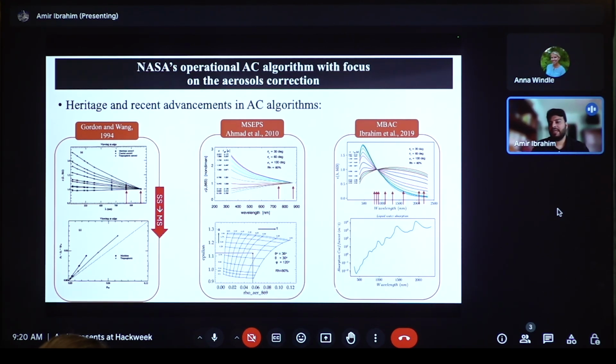Now we have all these bands available to us, so rather than relying on just two bands to infer the aerosol, we can fit our top of the atmosphere signal with aerosol tables or models to predict the concentration and type of the aerosols, using multiple bands in the near infrared, and we can go further into the shortwave infrared.